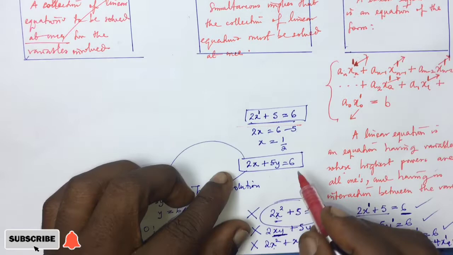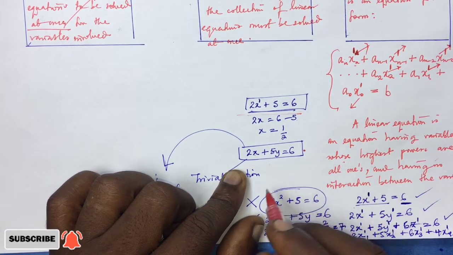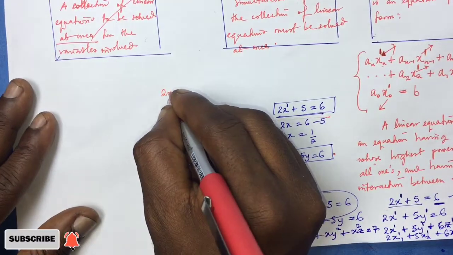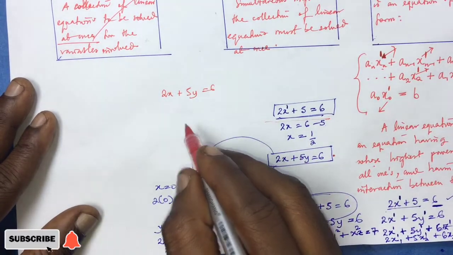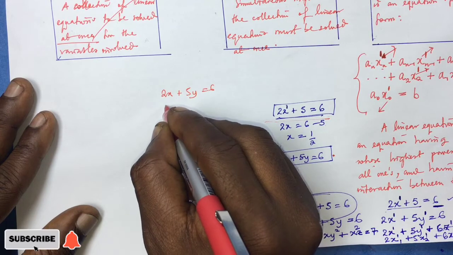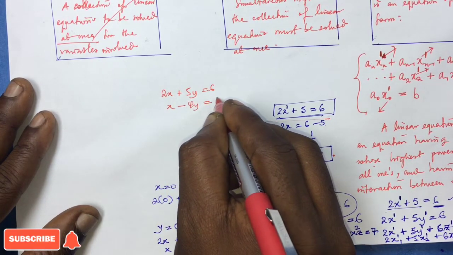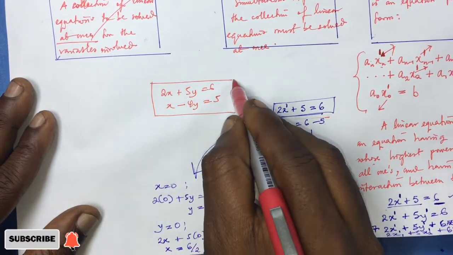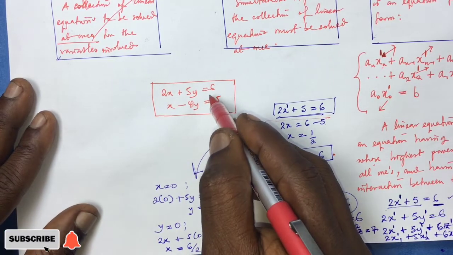So if I wanted to solve 2x plus 5y equals 6, and I'm not looking for a trivial solution, what is proper is to look for another linear equation in two variables, say x minus 4y equals 5. I will look for another linear equation that will be solved at once with 2x plus 5y equals 6.